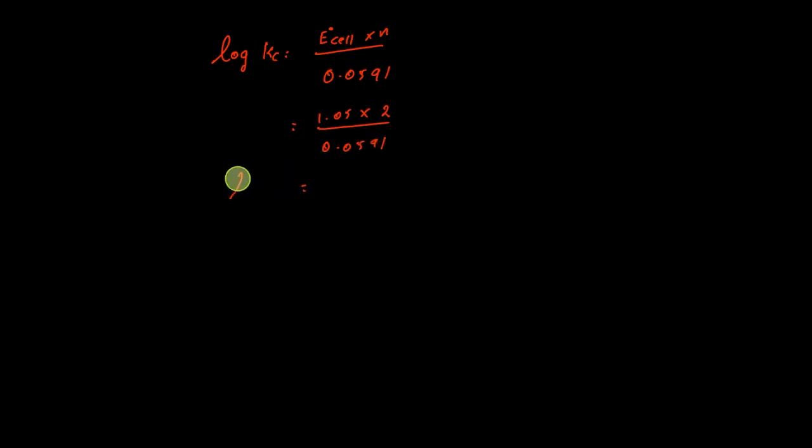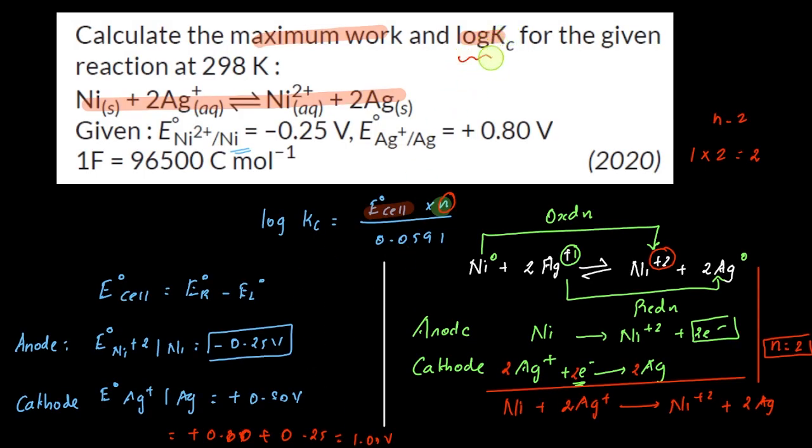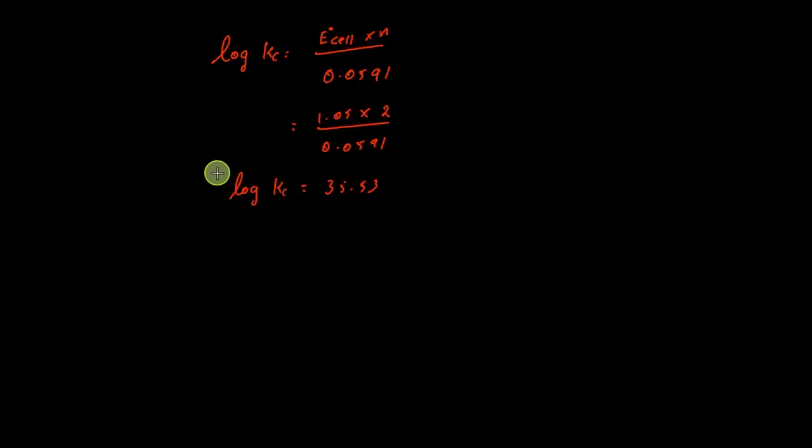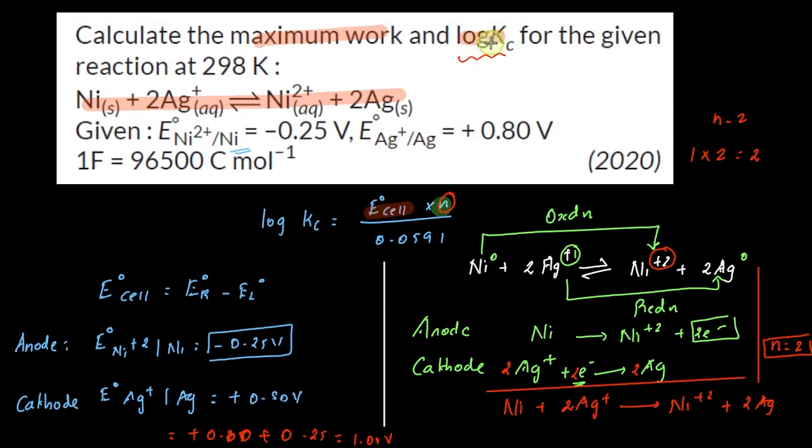If you simplify this, I will get the log Kc value to be 35.53. The question asks for log Kc, so you can simply mention this as your answer. And we have found the value of log Kc.